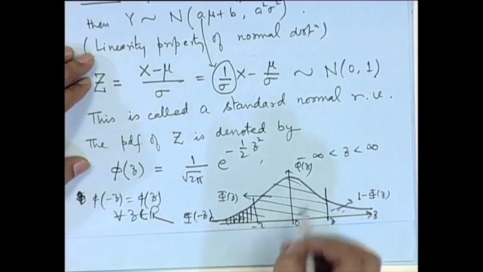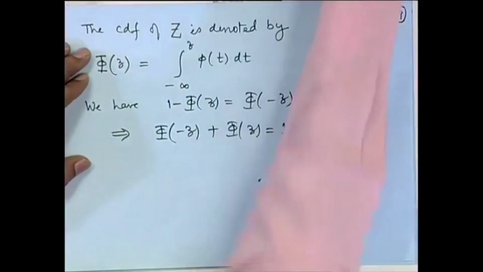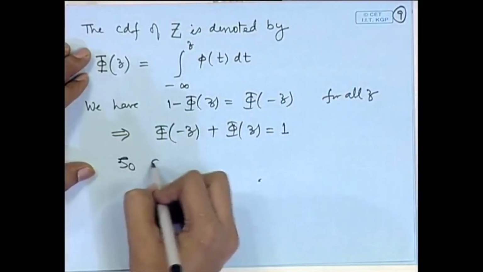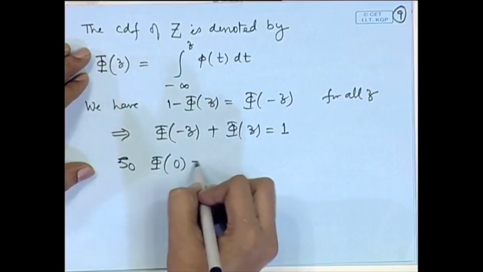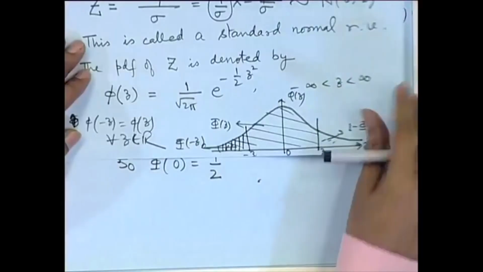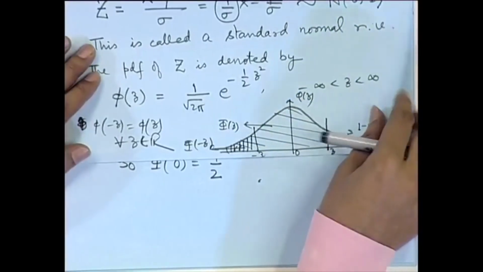That is because of the symmetry property of the distribution. In particular, we can put z is equal to 0, then this will give phi of 0 is equal to half, which is true because the median of the standard normal distribution will be 0.